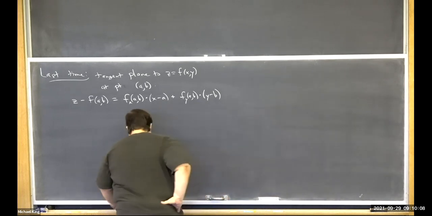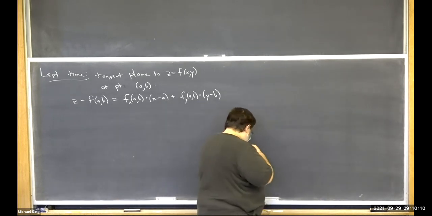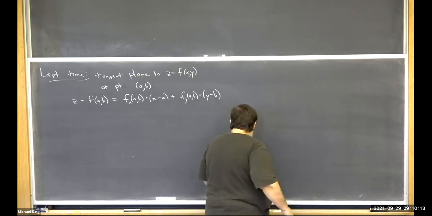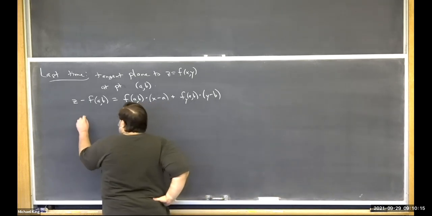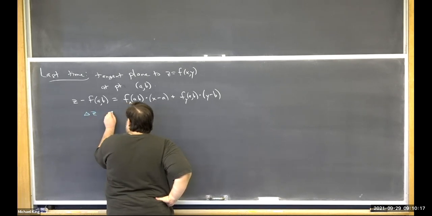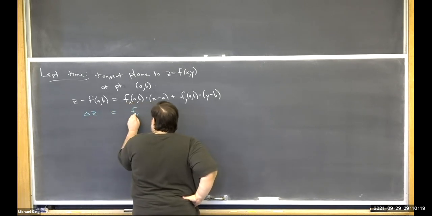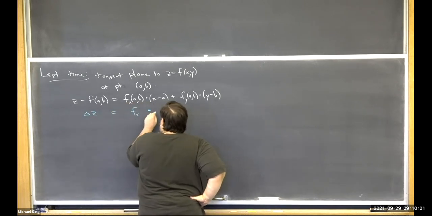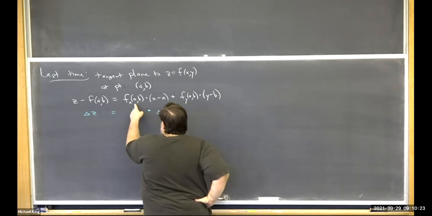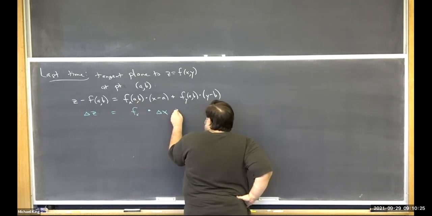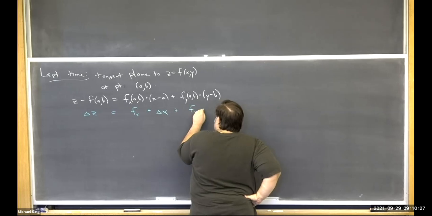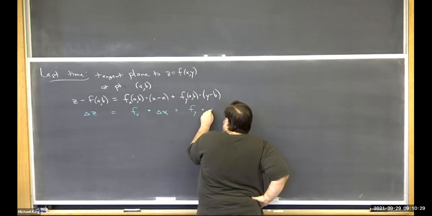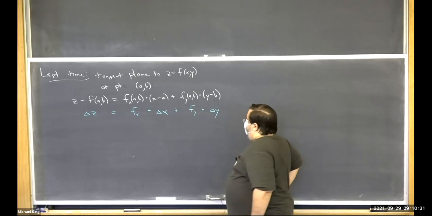And this really kind of came down to, because this is going to be useful later, that this is really like a change in z equals f sub x times a change in x, plus f sub y times delta y. Sometimes I won't write the of a comma b if I'm being a little bit lazy. That's kind of where it came from.